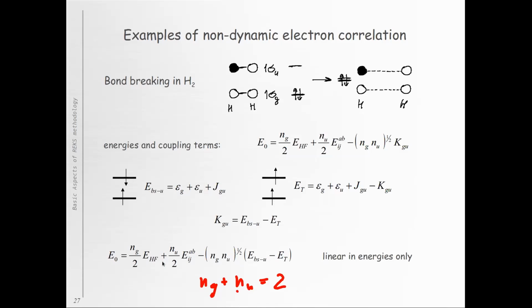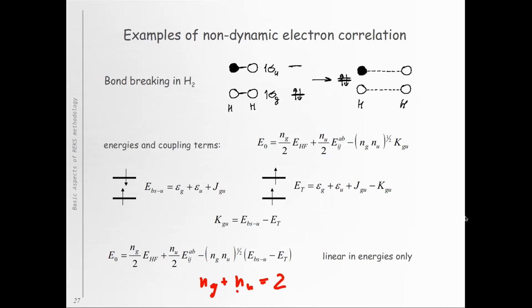I can take expectation values of the density operator, and in that case this term simply vanishes, and I am left with only these two, where it will be density and density, rho of this determinant, rho of that determinant, with exactly the same coefficients in front of them. So the energy and the density can be represented with the same basic formula, and I will use this formula in the following.